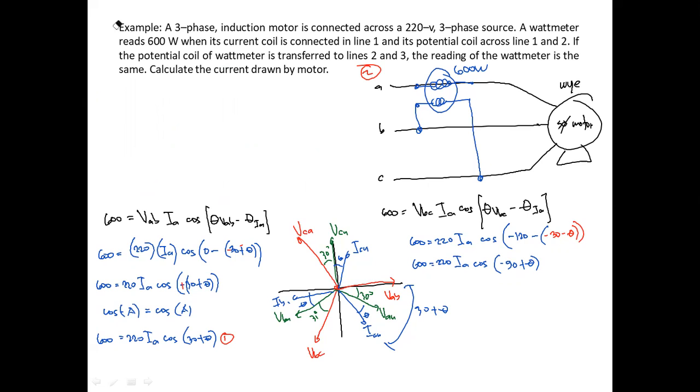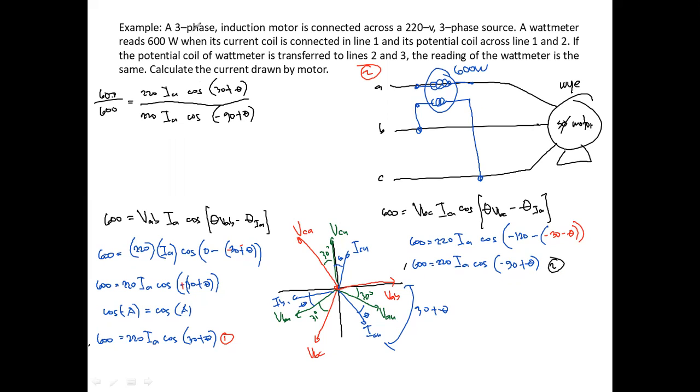Let's say this is equation 2 and the previous one is equation 1. We divide equation 1 by equation 2. So we have 600 over 600, equal to 220 IA cosine of 30 plus theta, divided by 220 IA cosine of negative 90 plus theta.